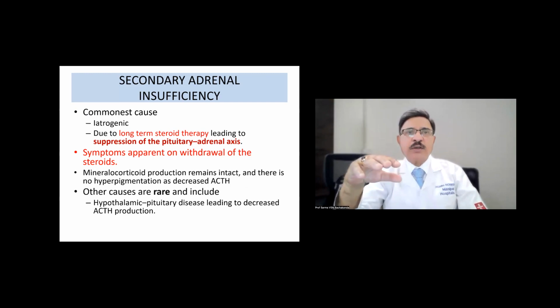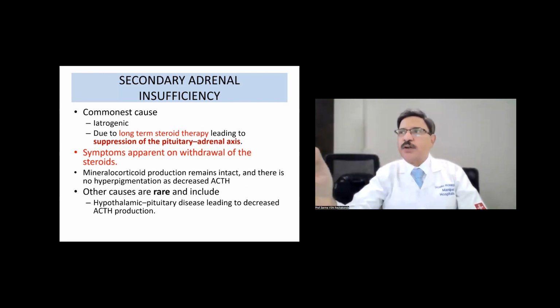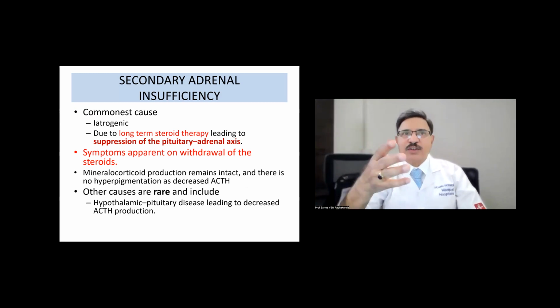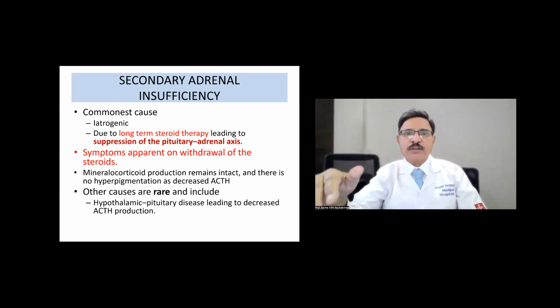Secondary adrenal insufficiency: the commonest cause is usually iatrogenic. You have prescribed some steroid, the patient continues, and suddenly withdraws. Sudden withdrawal of steroid after long-term therapy leads to suppression of the pituitary-adrenal axis. Symptoms become apparent on withdrawal of the steroids. Mineralocorticoid production remains intact.